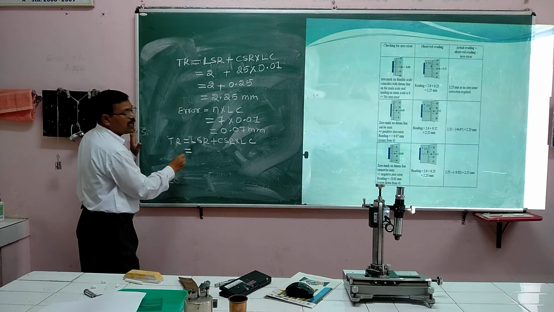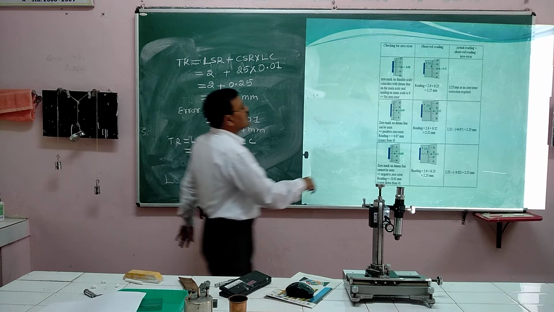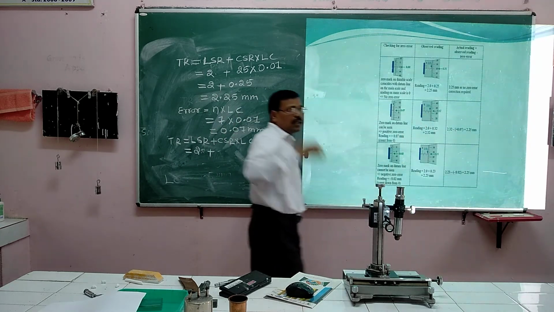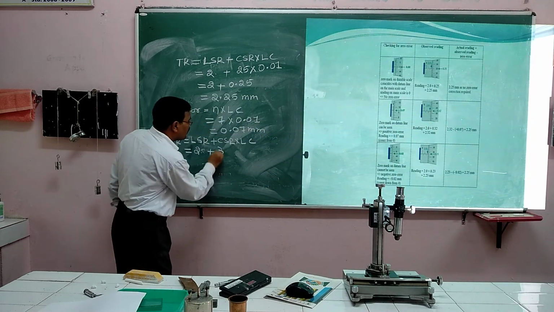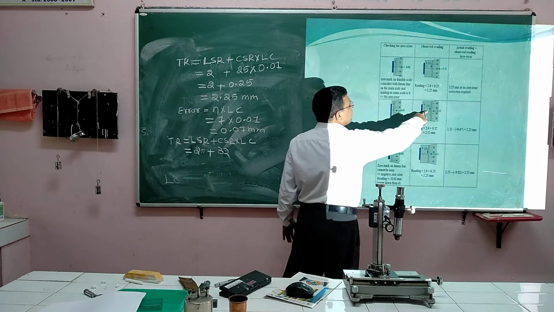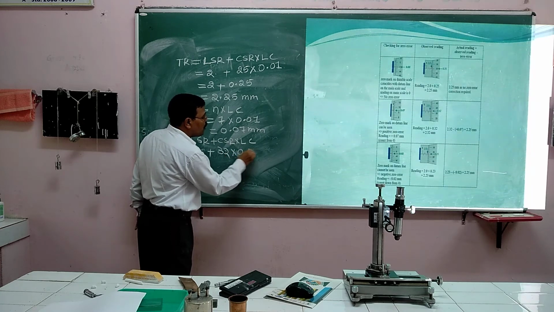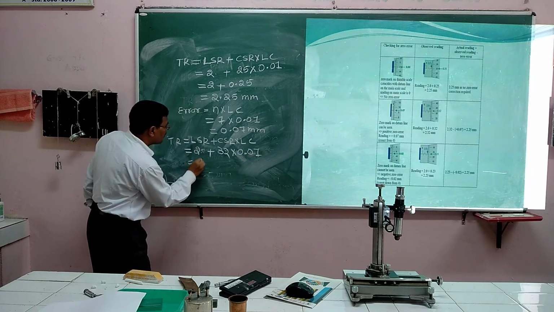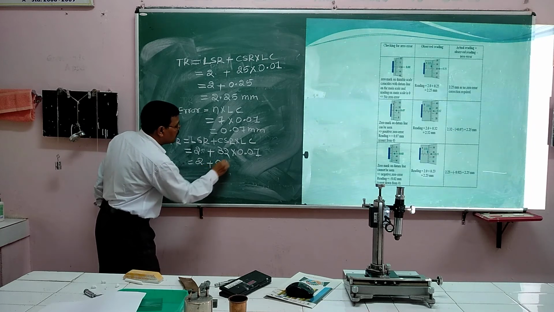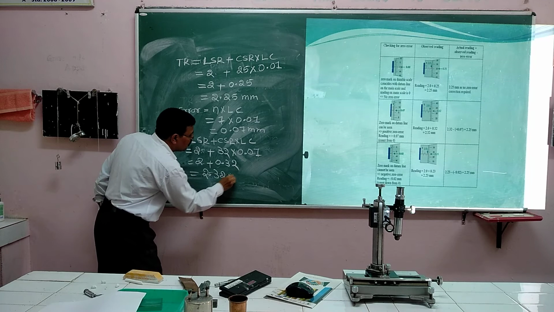The linear scale reading is 2 mm plus the circular scale reading, that is 32. The 32nd division coincides with the reference line, into its least count, 0.01. So this becomes 2 plus 0.32, which is equal to 2.32 mm.